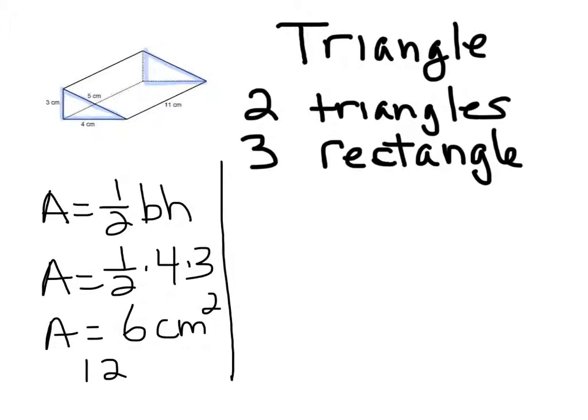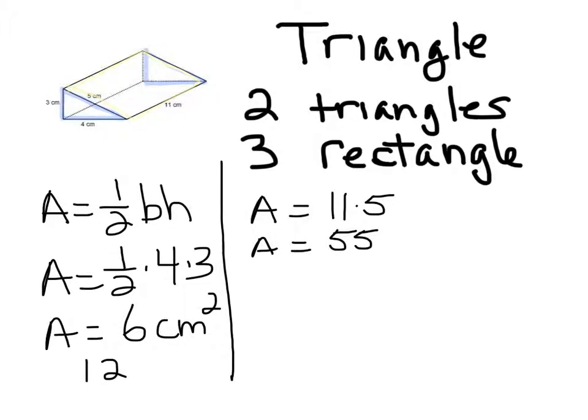Next, I'm going to go to my 3 rectangles. I'm going to start with this sloping rectangle that I've highlighted in yellow, and my formula again for a rectangle is length times width, and my length and my width would make it 11 times 5, so the area of that one rectangle is 55.